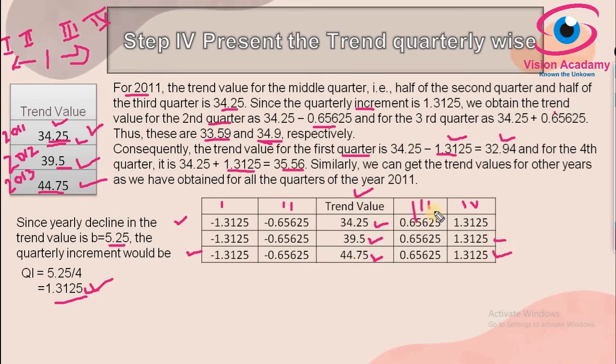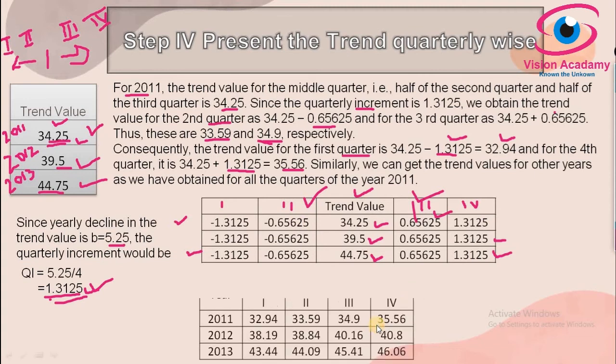The value 0.65625 is simply the quarterly increment divided by two. The quarterly increment is 1.3125, which is shared between two quarters. In the case of the first and fourth quarters we take the full increment. In the case of the second and third quarters we divide the quarterly increment by 2, and add and subtract. After doing all this, these are the final output of the quarterly trend values.